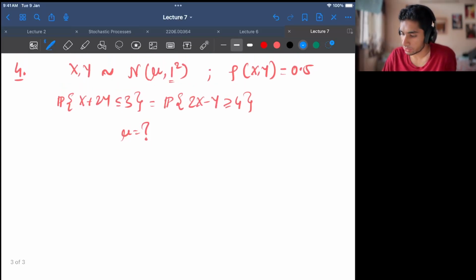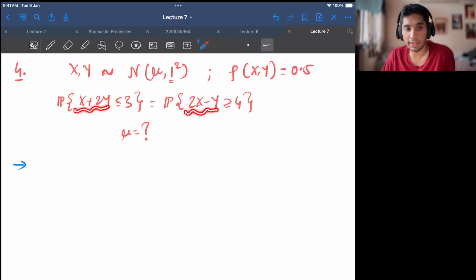Okay, so how do you go about solving this thing? One tempting thing to do is find the distribution of x plus 2y and 2x minus y, because these are again new random variables. Can we find the distribution of these two random variables? Yeah, surely we can, right?